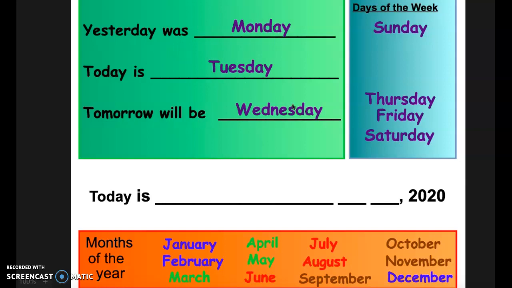And tomorrow will be Wednesday. And today is June 23rd. We write the 23rd as a 2 and then a 3. So today is Tuesday, June 23rd, 2020.